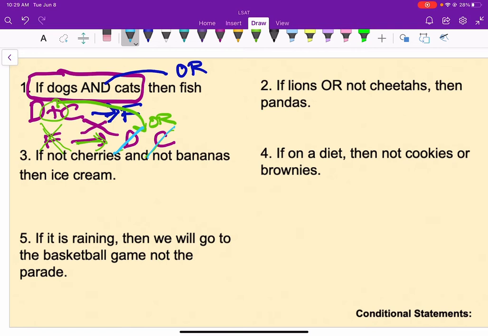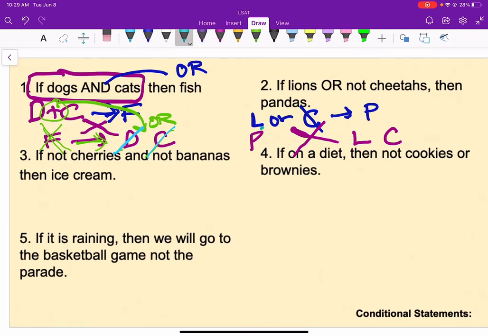And if we look at this the other way, if I said if lions or not cheetahs, then I have pandas. So how would we flip and reverse this one? So we want to flip it first, and we're going to have L and C over here, and we're going to put P on the left side. And then we have to negate it, right?